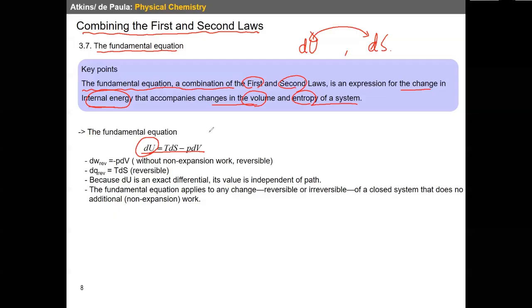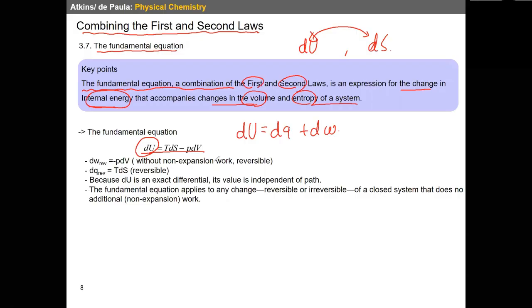Why is this possible? From the meaning of internal energy, we can start by listing dU equals dq plus dw. You know this one; this is the thermodynamic first law.